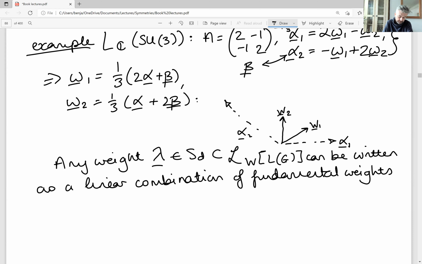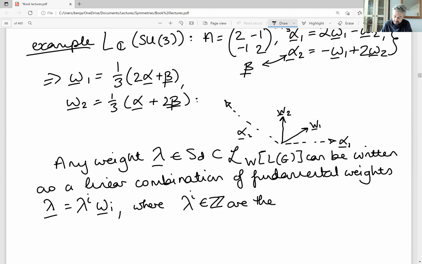So we can write lambda as the sum of lambda i times W i, where now these lambda i's are integers. They move us around the lattice, and these are the Dynkin indices. They label different elements of the lattice, so the Dynkin indices of the weights.